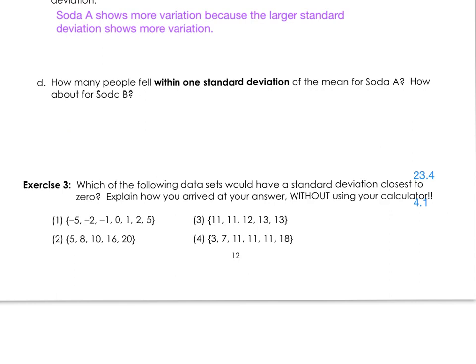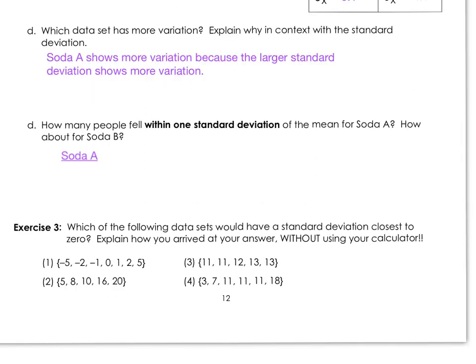Part D says how many people fell within one standard deviation of the mean for soda A. How about for soda B? So the question is, how can we do this to find how many fell within a standard deviation? Well, to do that, we start with the mean, the 26.7 in the first one, and we're going to add and subtract the standard deviation to figure out how many are up one standard deviation and down one standard deviation from our mean.